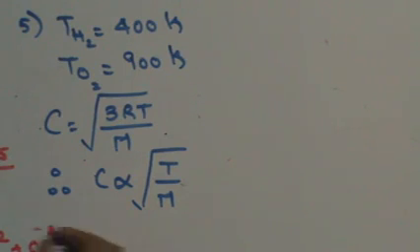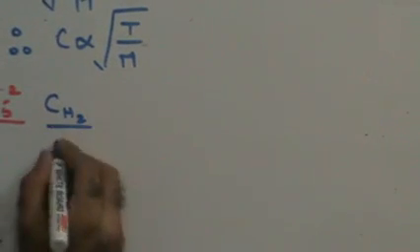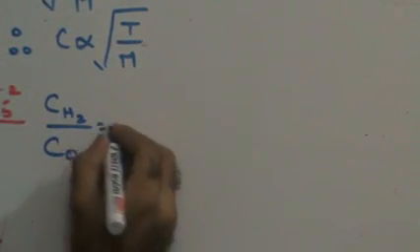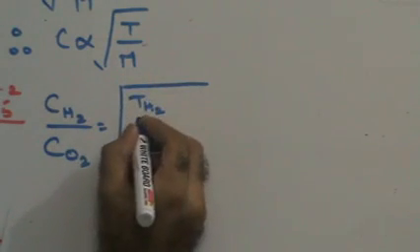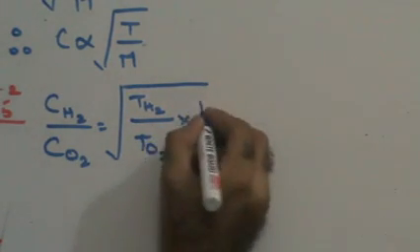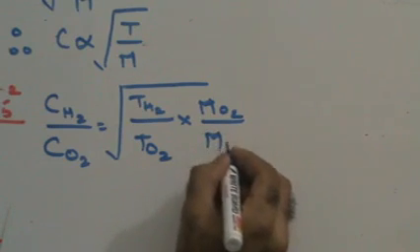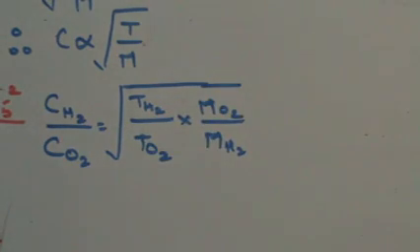That means I can say that RMS velocity of hydrogen upon RMS velocity of oxygen will be equal to square root of temperature of hydrogen upon temperature of oxygen into mass of oxygen upon mass of hydrogen, right? That is your molecular weight.